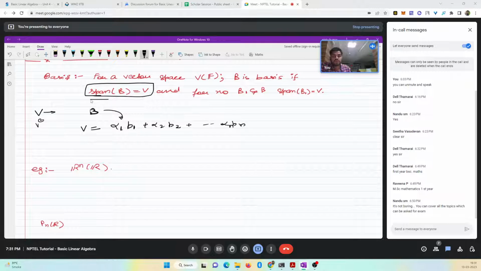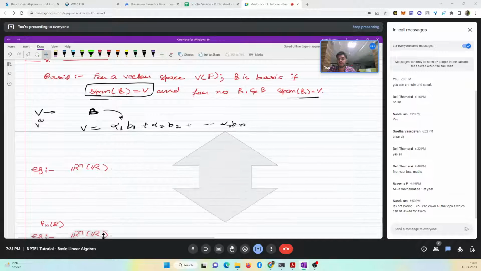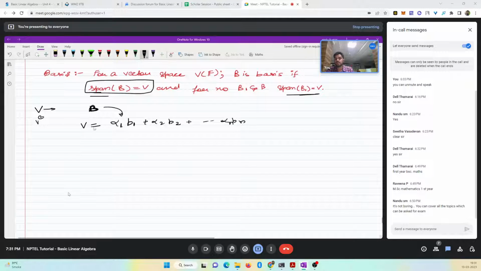And if you have a smaller B, then you should not be able to span the complete V. If your set B satisfies these two properties, then that set B is called a basis for that vector space V. I'll take an example. Let's say my vector space is R2 over R, and I choose my B to be (0, 1), (1, 0).